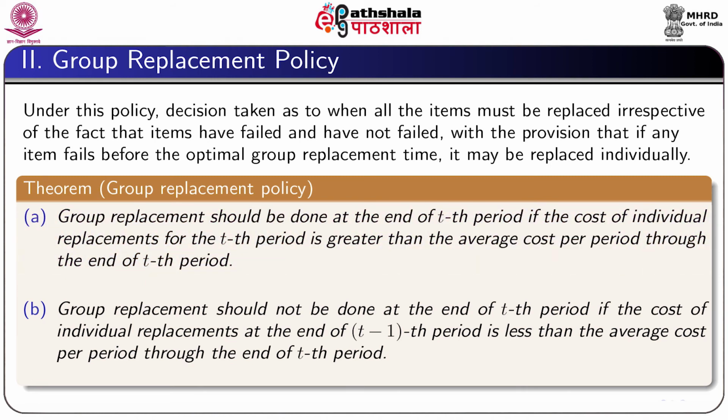And group replacement should not be done at the end of the tth period if the cost of individual replacements at the end of the (t minus 1)th period is less than the average cost per period through the end of the tth period.